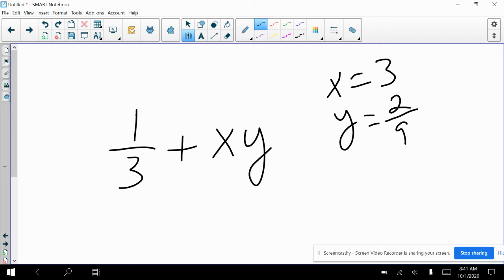Okay, so what's the first thing you notice? Emma? What does it mean when two variables are next to one another? It means to multiply. That comes from lesson 1-1, chapter 1. What else do you notice? Cole? There's a mixed number?